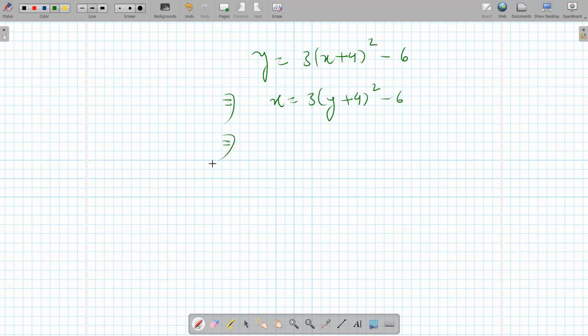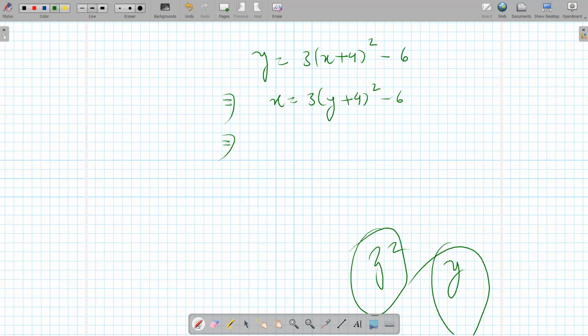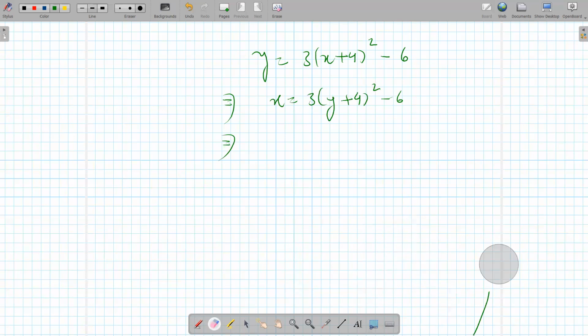What's next? Do you open the bracket first? Here's the thing, you do not want to open the bracket, because if you open it, you'll get y squared and you'll also get a y. So now you have a quadratic function and a linear function that you need to work with. Makes things a little bit more difficult. Don't open the bracket. So here, the next thing to do is to add 6 on both sides.